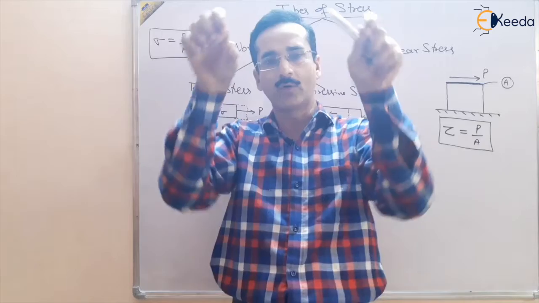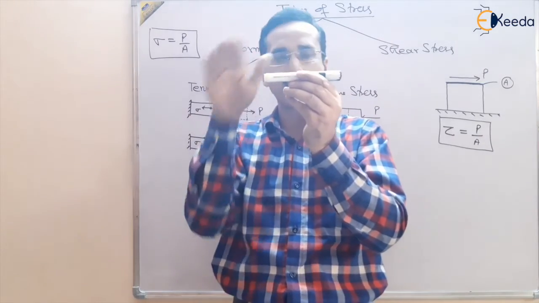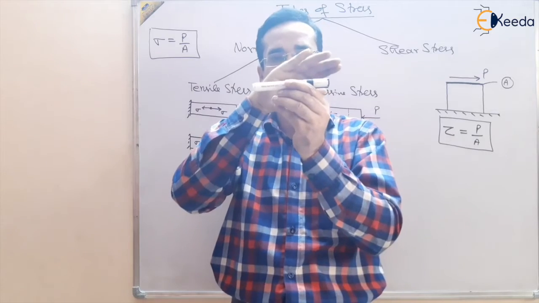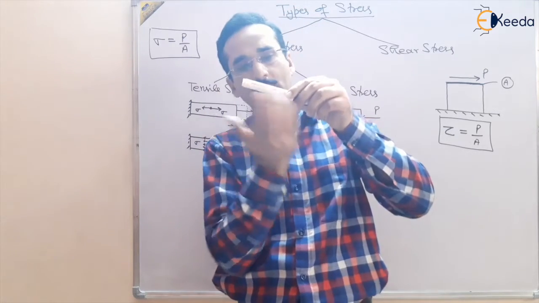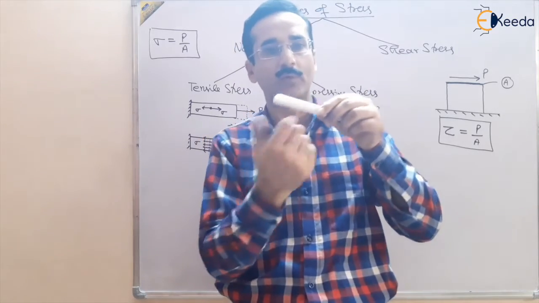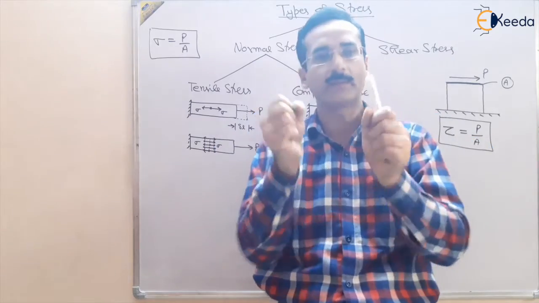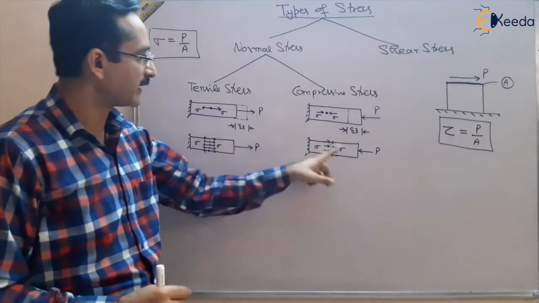Suppose we have applied a hogging bending moment, so that the upper part of the body goes into tension and its length increases, while the lower part shortens, and compressive stress is developed in the body. So tensile and compressive stress may be developed by bending the body or by direct stresses like this.